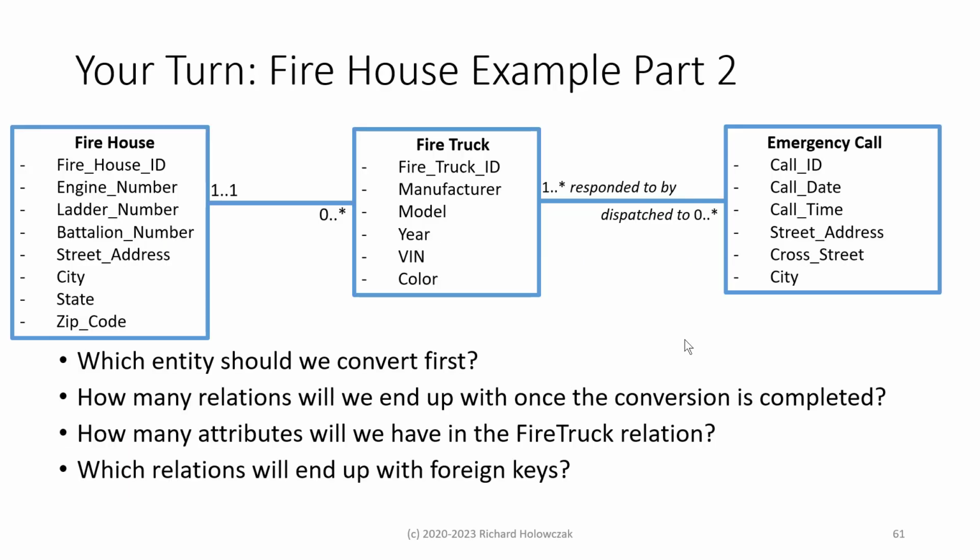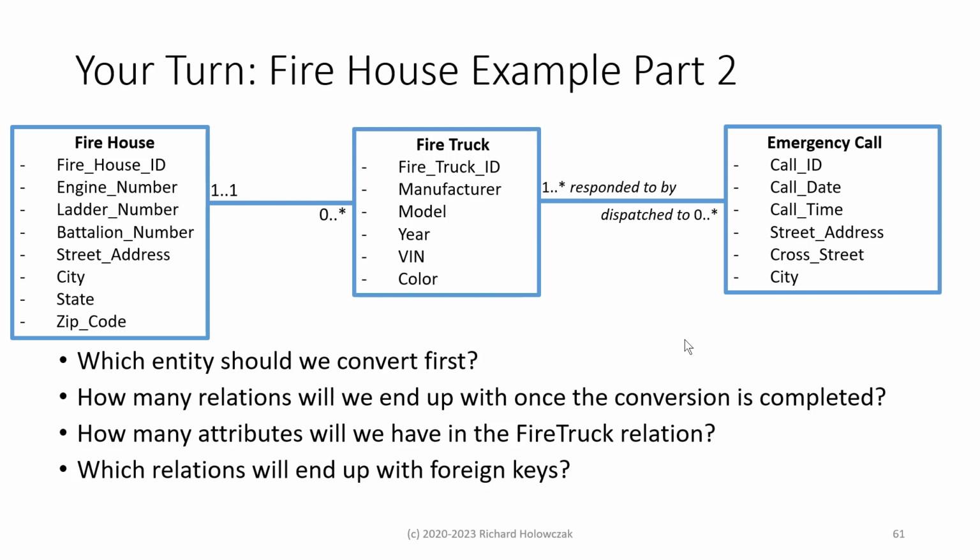All right, it's your turn again. Now we've expanded our firehouse model. We've got the firehouse and the fire truck, and now we have a new entity called emergency call. One emergency call must be responded to by many fire trucks, and one fire truck may be dispatched to many emergency calls.